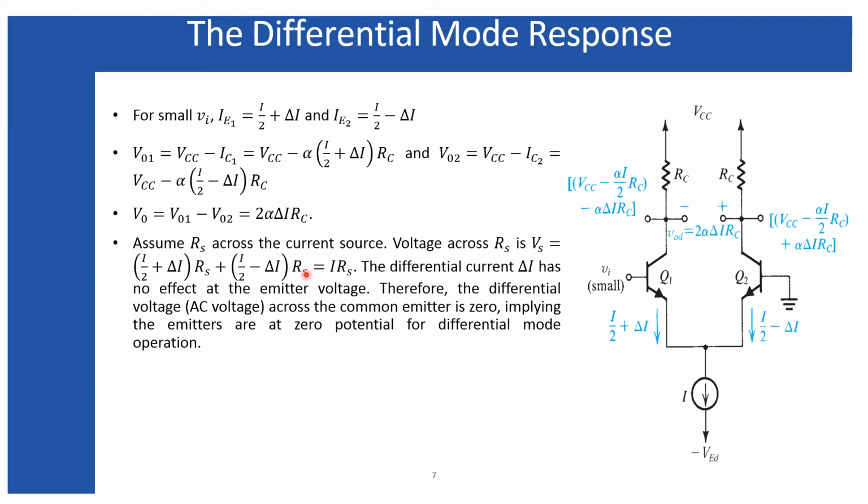And look here, in this expression of the potential across the current source, the differential current has vanished. Only the DC current is appearing, which is the current due to this current source. The differential change in the current is not present in the expression of the potential across the current source. So it signifies that for a differential operation, the differential potential across the current source is always zero, because the potential which should appear due to the differential change of the current is not appearing in the expression.